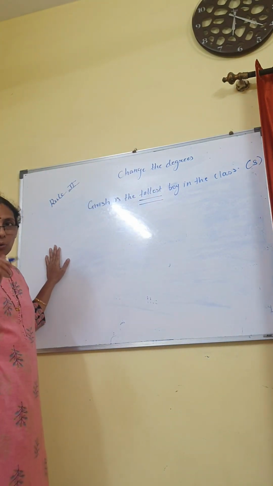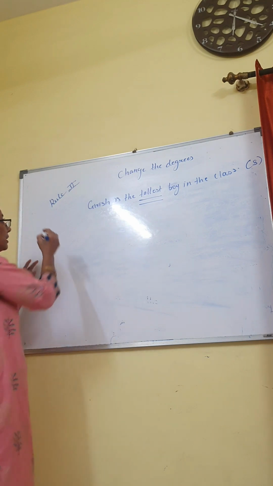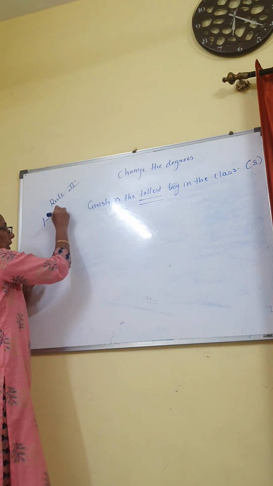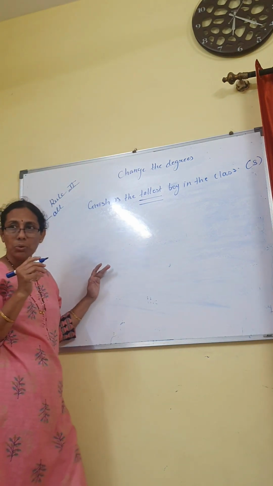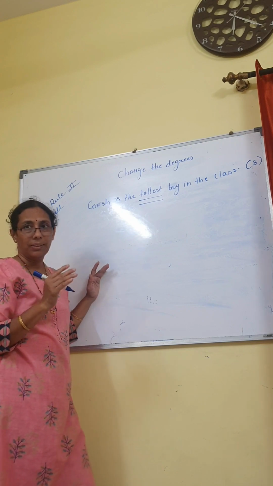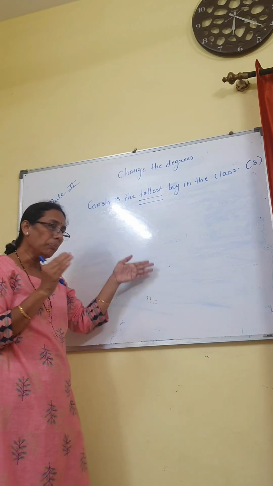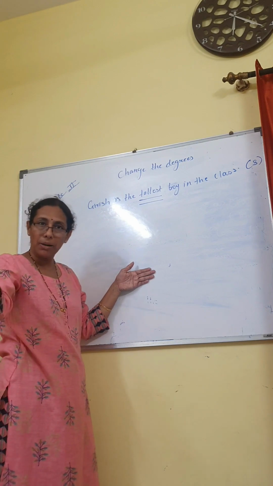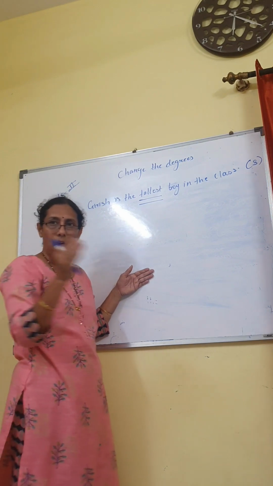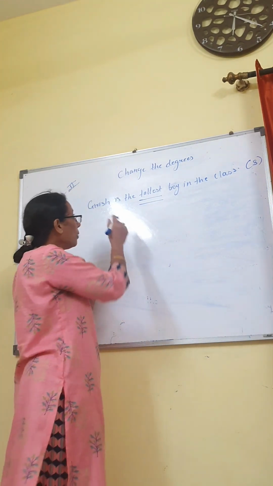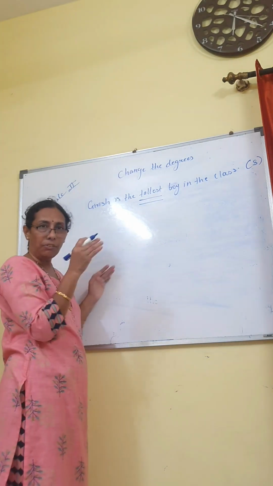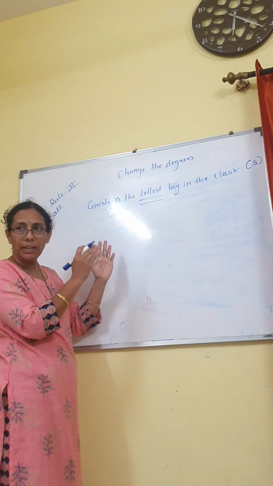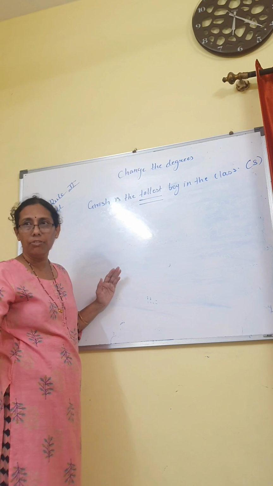So when the degree is superlative, now what is rule number 2? I'll explain. Rule number 2, I have named it as 1:all. 1:all means comparison between one person and everyone or many. So if Girish is 6 feet, others are all 5 feet.